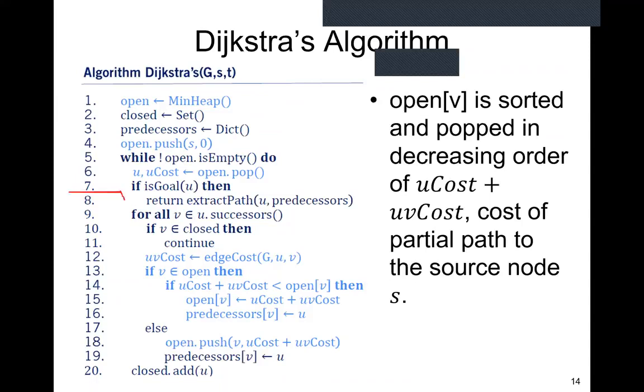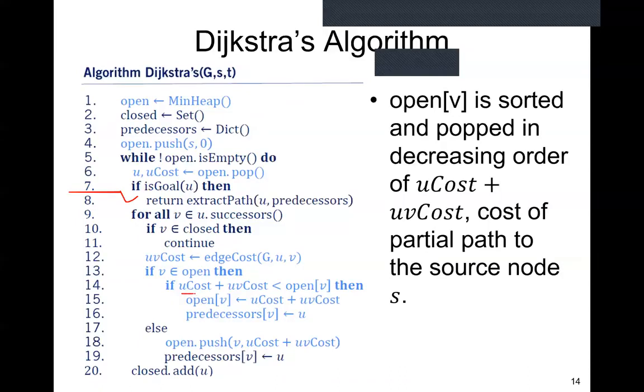So notice here, if you reach the goal, you can stop. And then if you haven't reached the goal, you look at all the successors and skip all the closed nodes and take the open nodes, that's the nodes that haven't been traversed, and then get the edge cost.